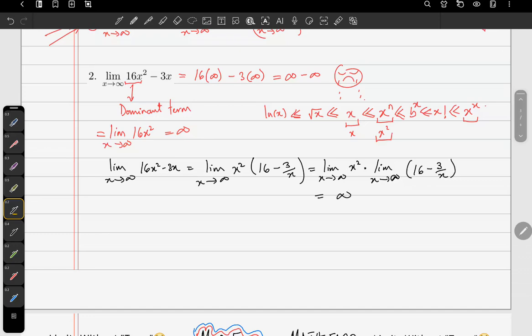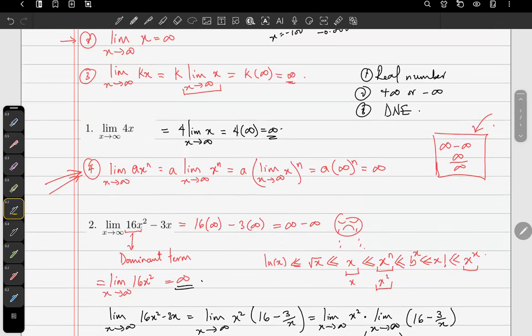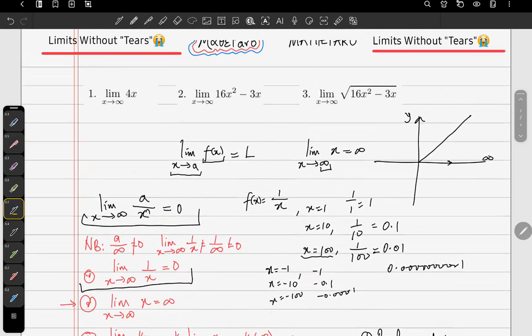So the first one here is infinity, and the second one, the limit as x goes to infinity of 16 is just 16, and the limit as x goes to infinity of 3 over x is 0. So we have infinity times 16 minus 0, and infinity times any number is infinity. So anything that goes to infinity multiplied by anything that goes to a constant number definitely gives us infinity. So that ascertains what we already know from the dominant case.